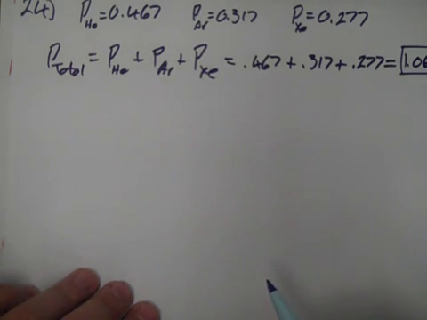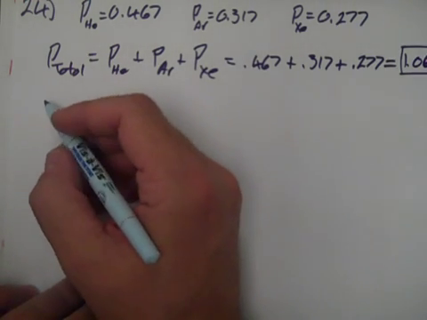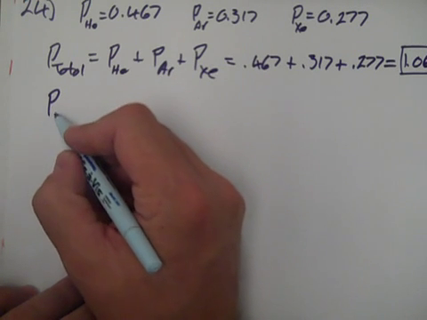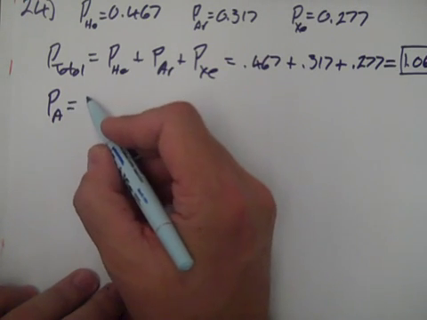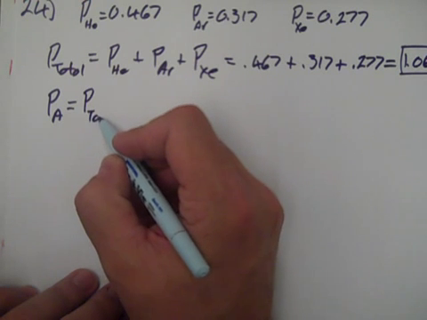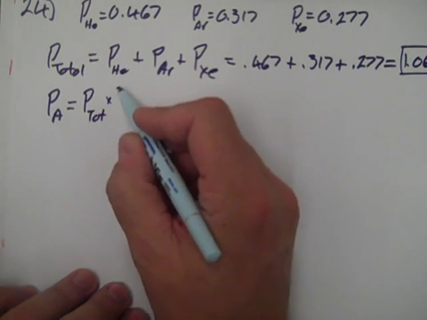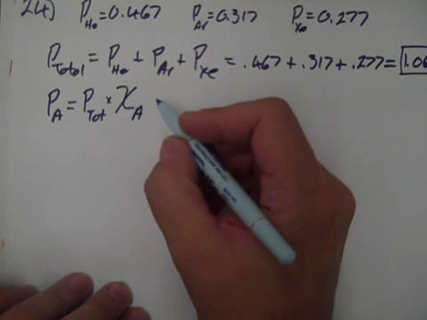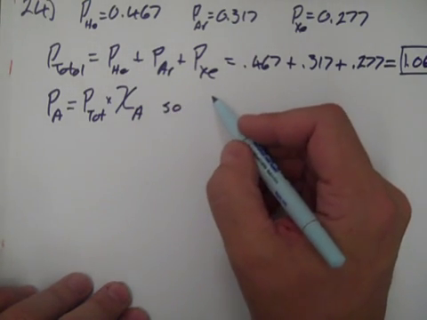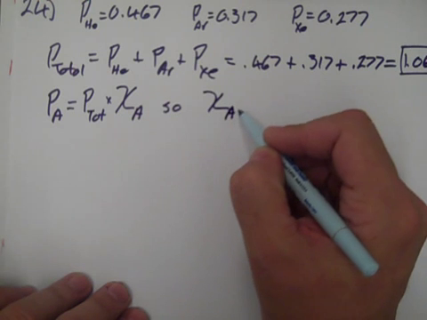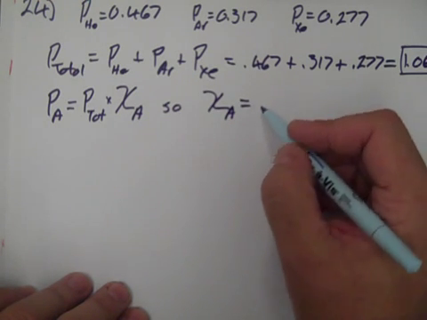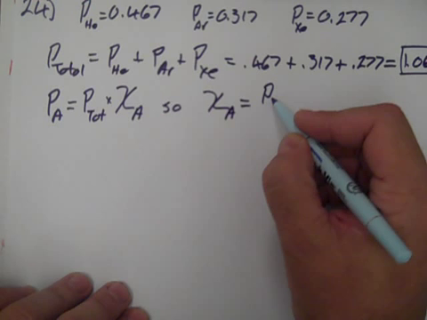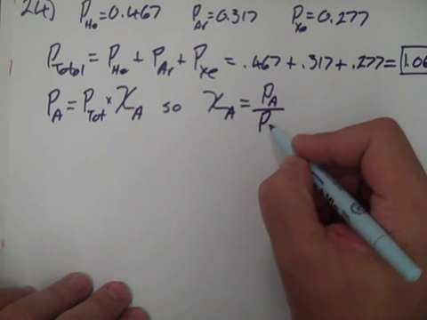The next thing I need to find is what's the mole fraction? Well, we had an equation, and it tells us that the pressure of any gas in a mix is equal to the total pressure times the mole fraction of that gas, which means that the mole fraction of any gas in a mixture is equal to the partial pressure of that gas divided by the total pressure.